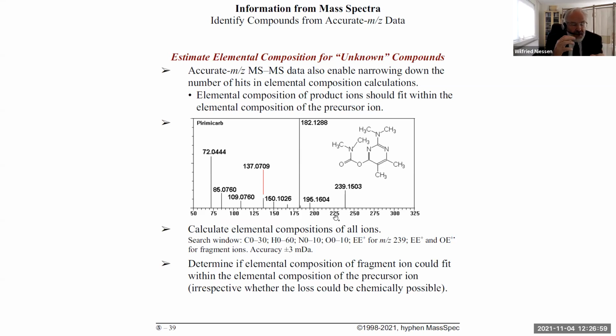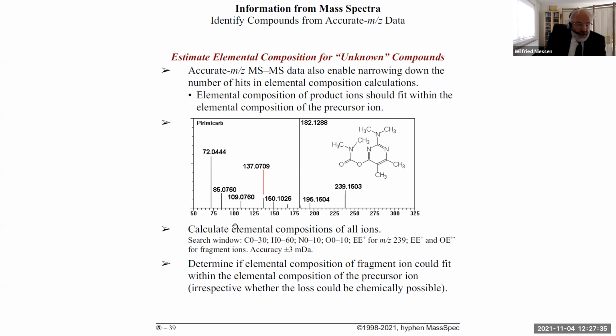In principle, you could also say, well, what I do is I acquire the accurate mass, and let's assume that we have an unknown. I have acquired an MSMS spectrum with an unknown, and I have a structure, because in this particular case I know what it is, but that's not important. I keep that out. So basically what I say is, I have some prior knowledge because I know I only have carbon, hydrogen, nitrogen, and oxygen in.